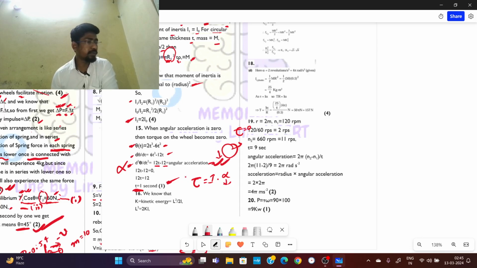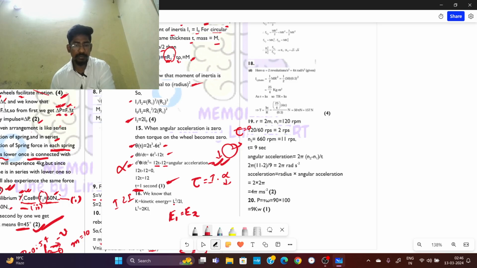Question 16. Two bodies have moments of inertia I and 2I respectively about their axis of rotation. If their rotational kinetic energies are equal, E1 equals E2, you have to calculate the ratio between their angular momenta.